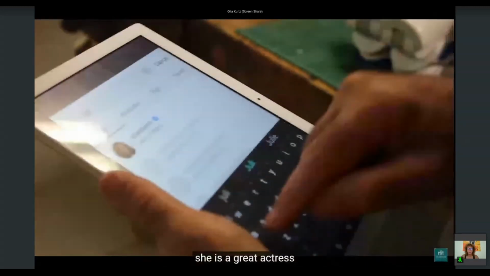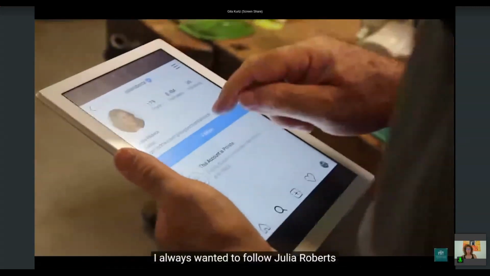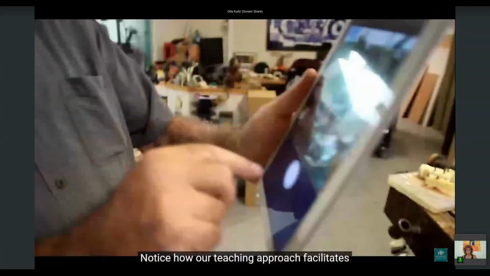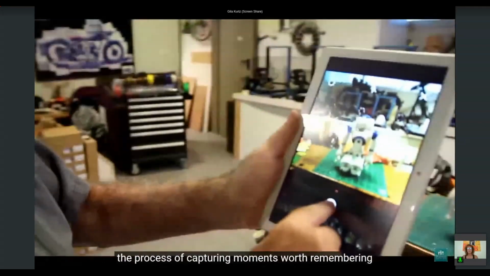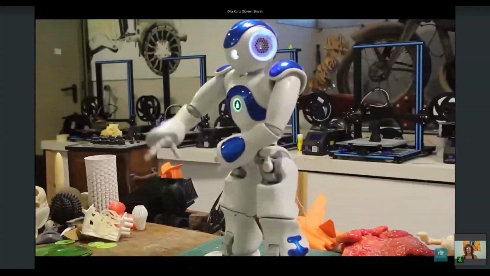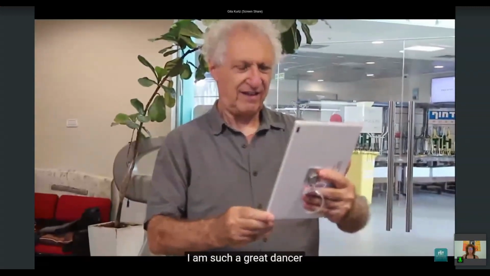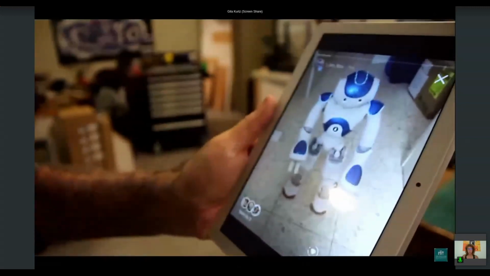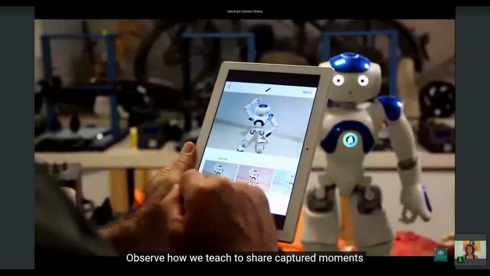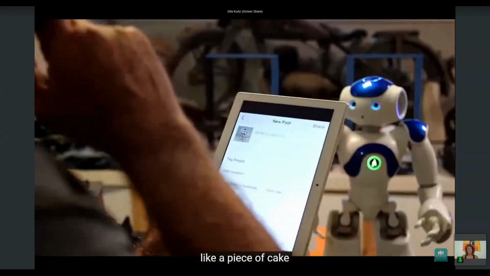She's a great actress. I always wanted to follow Julia Roberts. Good job. Notice how our teaching approach facilitates the process of capturing moments worth remembering. That was fun. I am such a great dancer. Observe how we teach to share captured moments. Look at how this process becomes easy like a piece of cake.